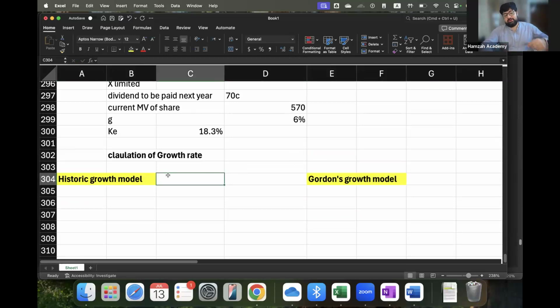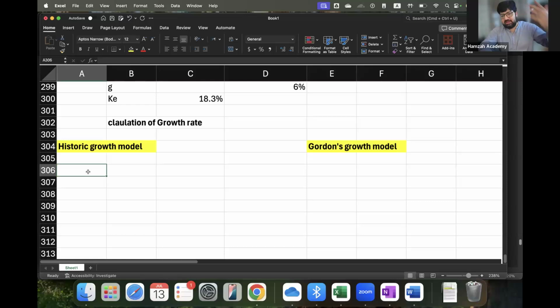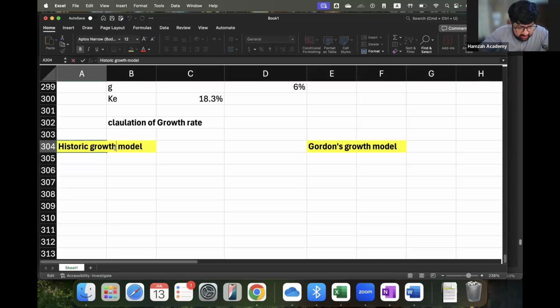In historic growth, we utilize the past trend of growth to predict the future, which is also called averaging.